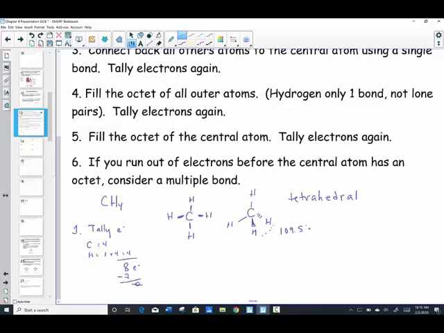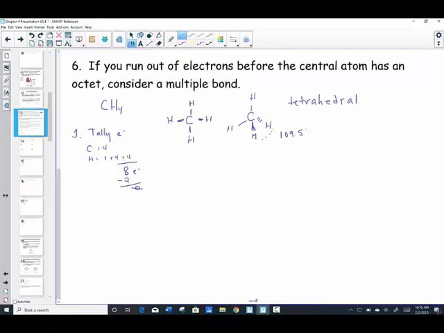Let's consider a next example, and I'll just work down the page there with those examples for you. Notice the next one on your worksheet says PCl3, phosphorus trichloride. Let's count how many total electrons we have. So tally your electrons. Phosphorus, who lives in group 5A, is going to be able to contribute 5 electrons, 5 dots in my structure.